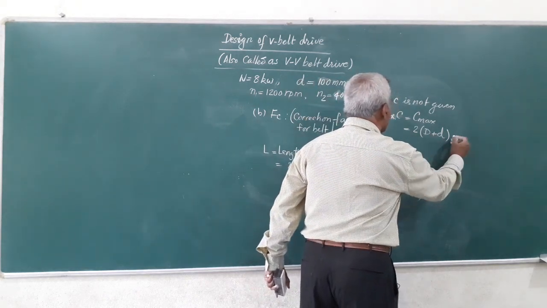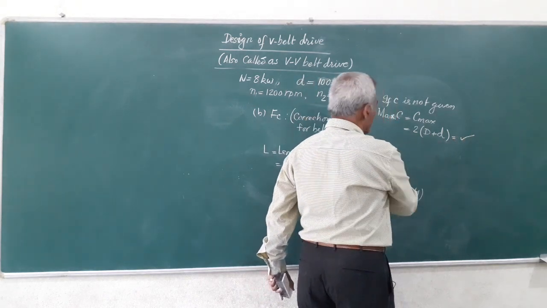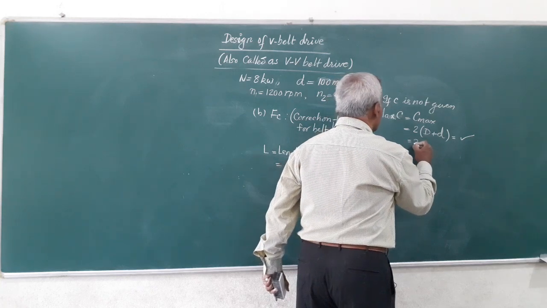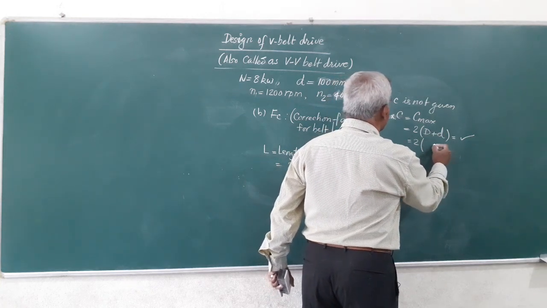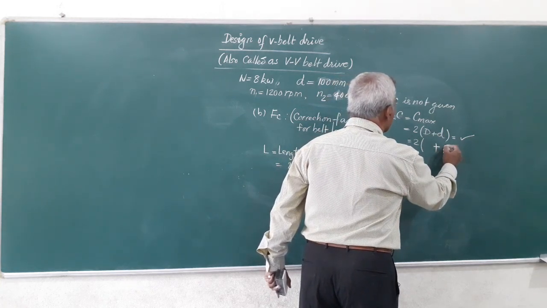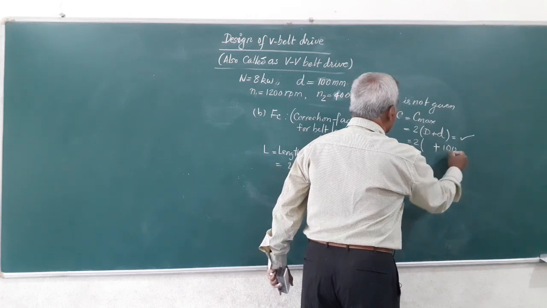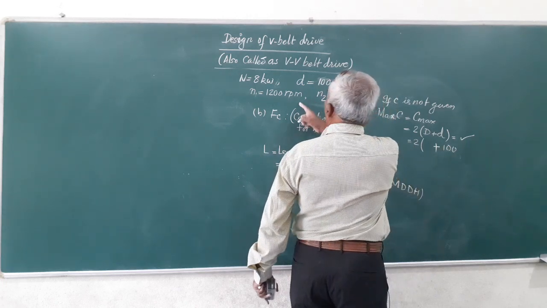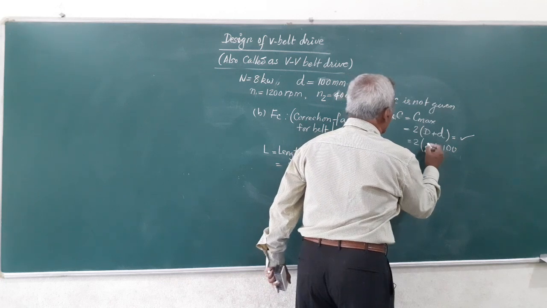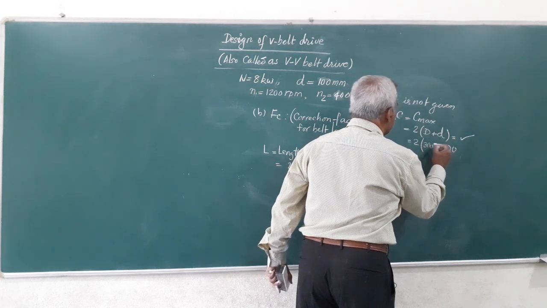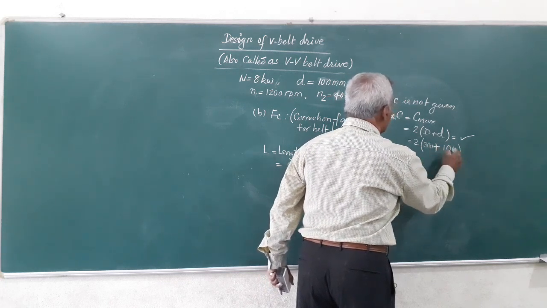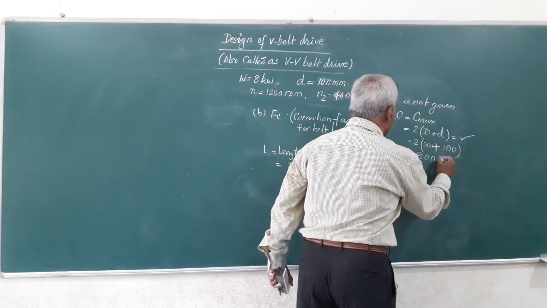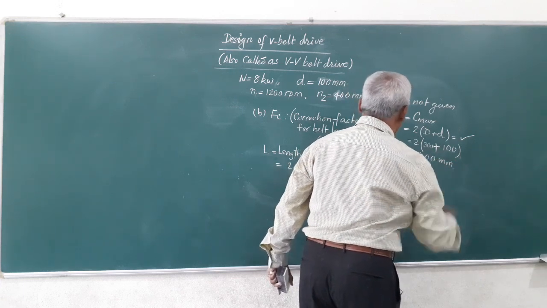We know both, so we can find this out. In this question, the minimum d is 100 given. The transmission ratio we have got is 3, so 3 into 100 will be 300. That is to say 400 into 800 millimeter in this example I have taken.